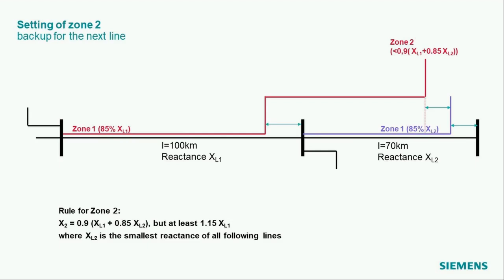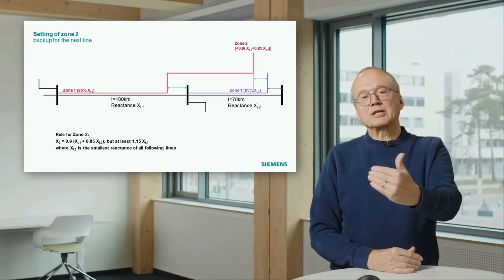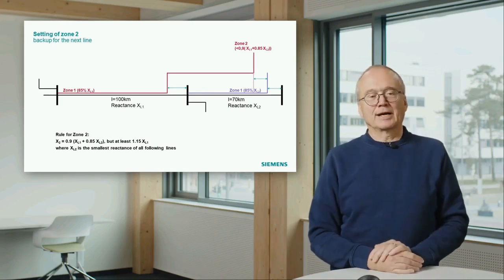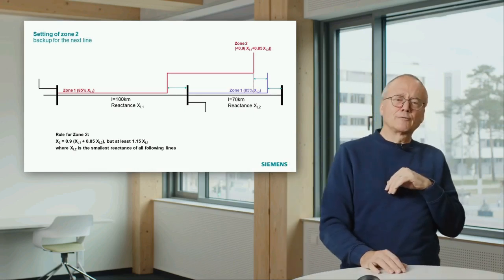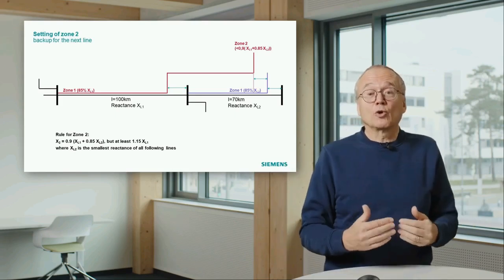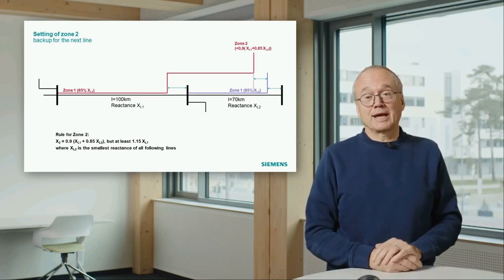That means the rule for zone 2 is, as indicated here, at least 15% higher than the reactance of the line, and, as indicated in that equation, it must keep a certain distance from the end of zone 1 of the next line. And the problem, which is unfortunately not visible in this slide, is that in a meshed system you often have not only one next line, there can be several lines there.